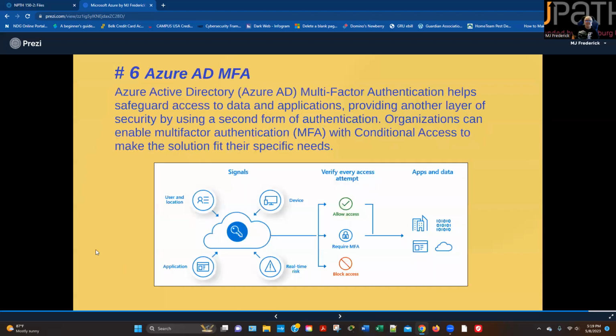Then the last tool we have is the Azure Active Directory multi-factor authentication. Now, we all tend to use this. I know we use it at my work, but we also use, like I said, Cisco's Duo.